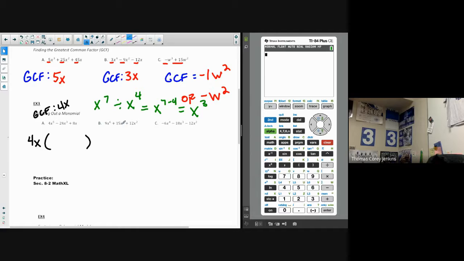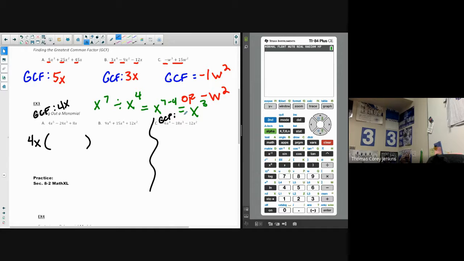Let's go ahead and do that first step on the next one too, just break it down into parts. Actually, I'll leave B for you guys. So let's look at C. What's the GCF of the numbers negative 6, negative 18, and negative 12?